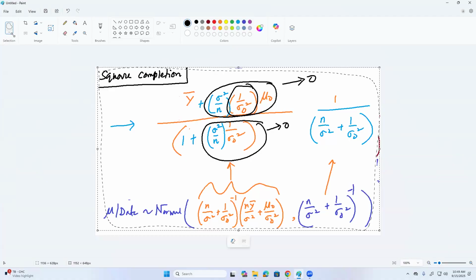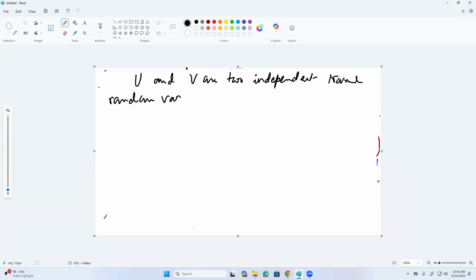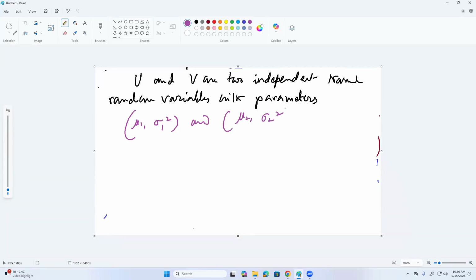Let me first write this result. Suppose, I'm just using generic random variables, let's say u and v are two independent normal random variables with parameters mu1, sigma 1 square and mu2, sigma 2 square.